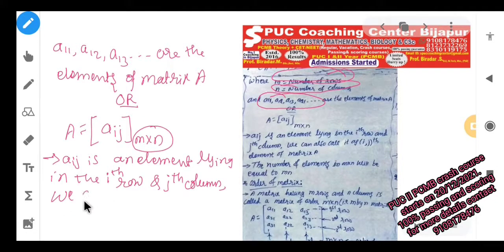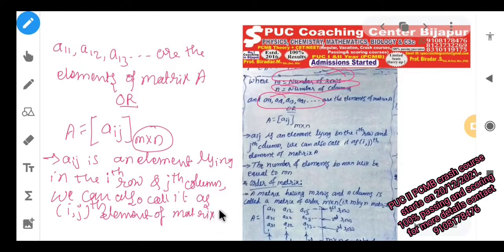We can also write it as i comma j element of a matrix A. If it is A we take A, if it is B we take B.